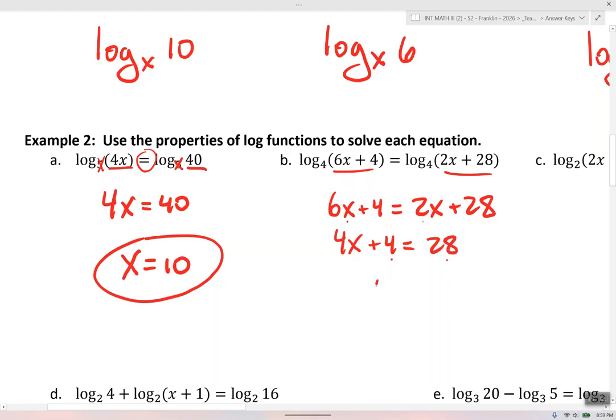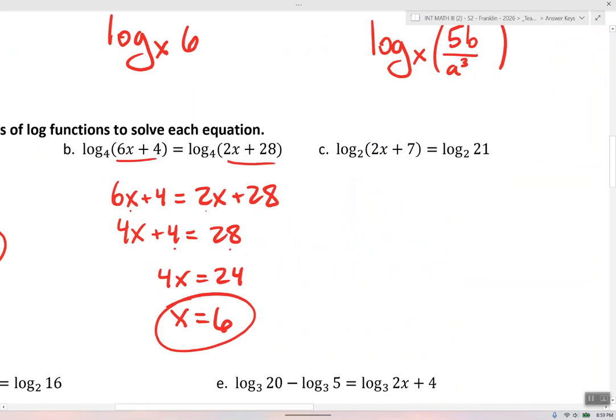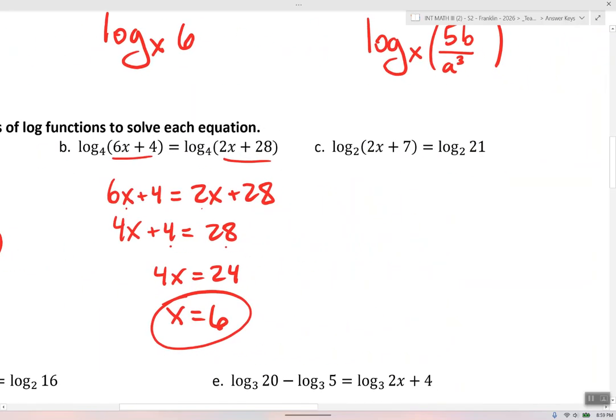Subtract the 4, we get 4x equals 24. And finally, x equals 6. Same idea here. Just confirm we have base 2 for both. So 2x plus 7 equals 21. Subtract 7 and 2x equals 14. So x equals 7.